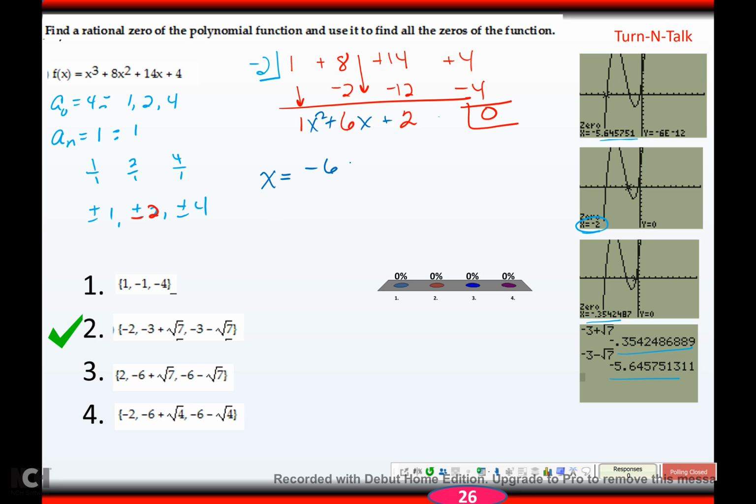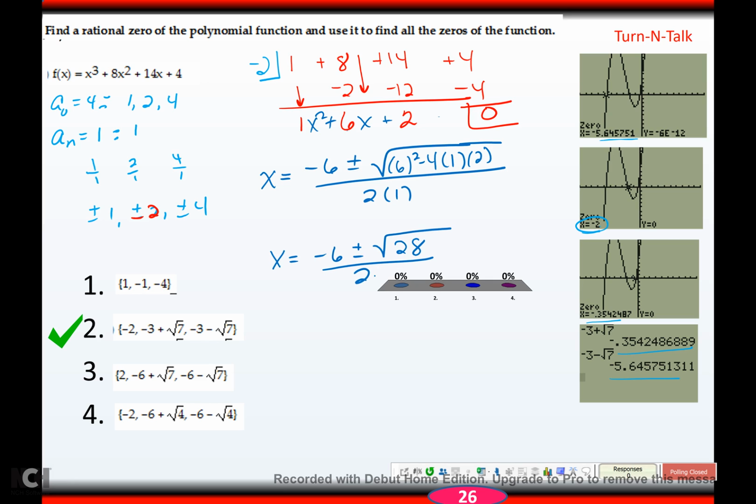So x equals negative b plus or minus the square root of b squared minus 4 times a times c, all over 2 times a. That's going to be negative 6 plus or minus the square root of 36 minus 8, which is 28, all over 2.